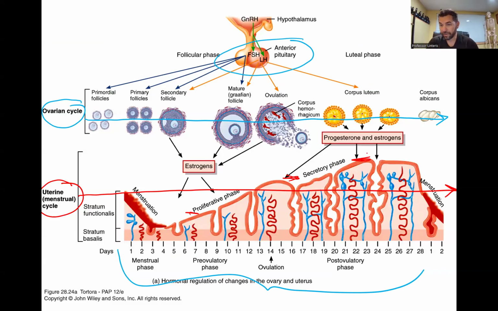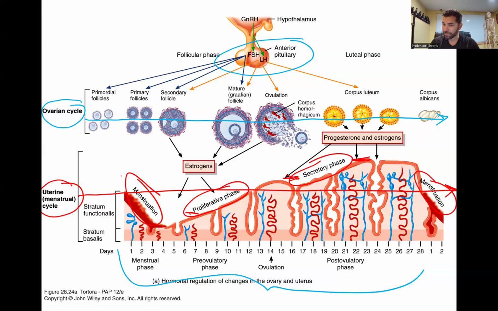It's preparing for implantation. If fertilization does not occur, right? Obviously, that secretory phase is when it gets pretty thick, proliferative, secretory. And then you have the menstrual phase, which basically we reset. We clear out that endometrium so it can be prepared again for the next month for potential fertilization. But obviously, that's the period.